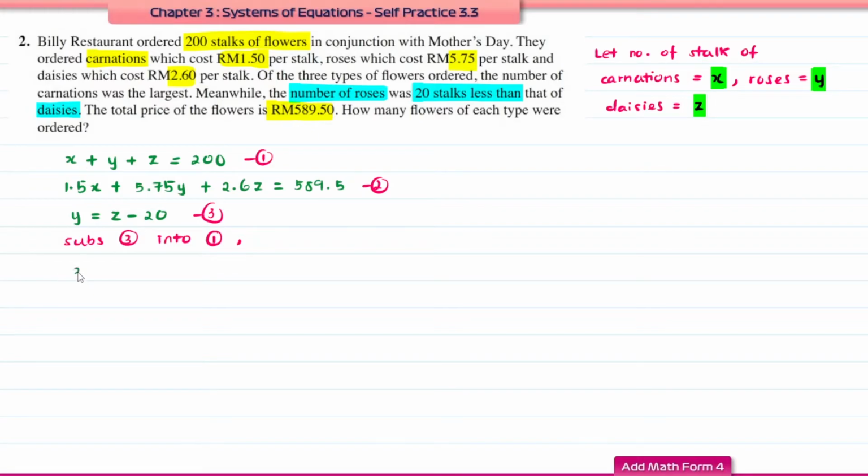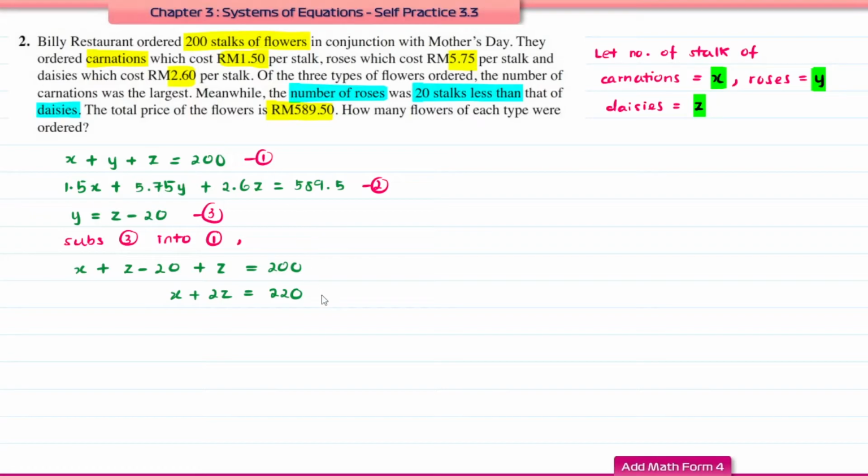So X plus Y, where Y is substituted with Z minus 20, plus Z equal to 200. And we're going to solve for the like terms. X is only 1, so it's just X, and Z plus Z gives us 2Z. We move the negative 20 to the right hand side, so it's going to be 200 plus 20, which is 220.